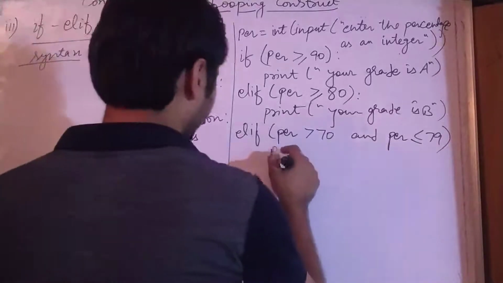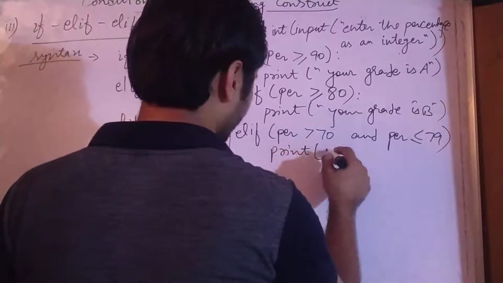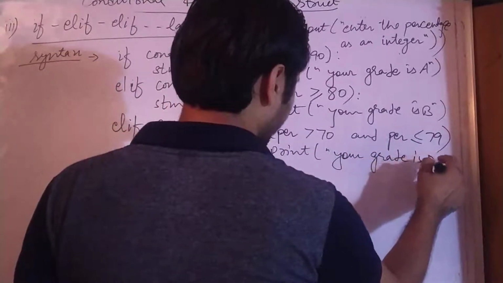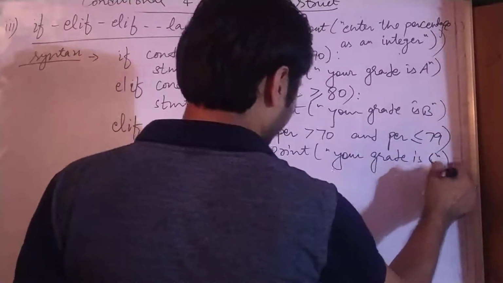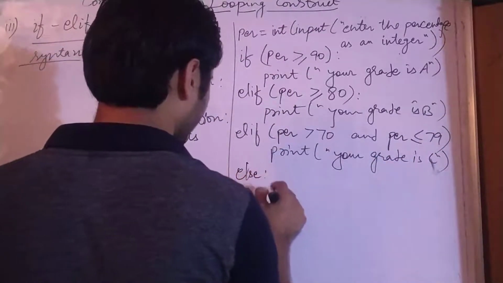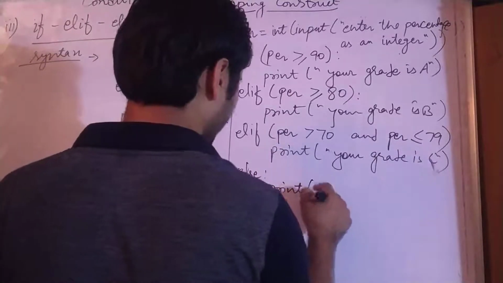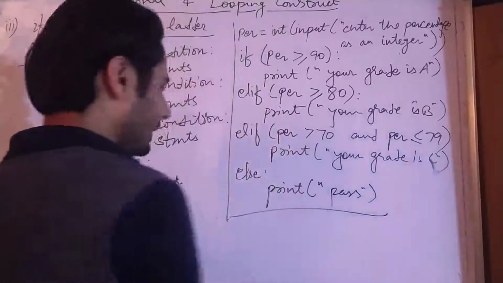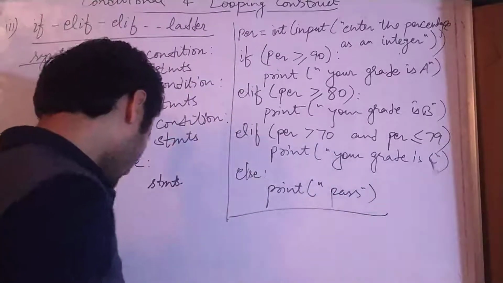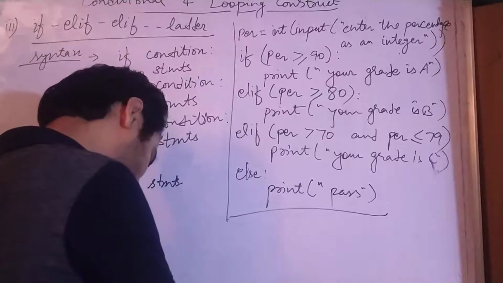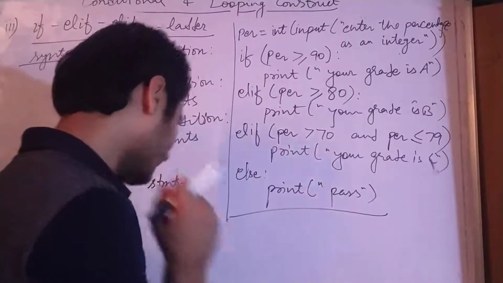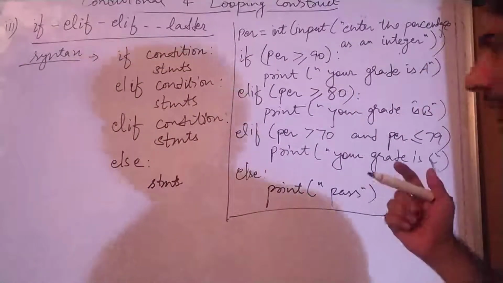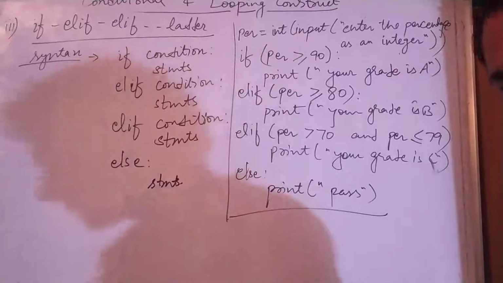Okay, then print your grade is C, else print pass. So in this way you can set the grade of the students. It means in this way you can use the if-else statement.